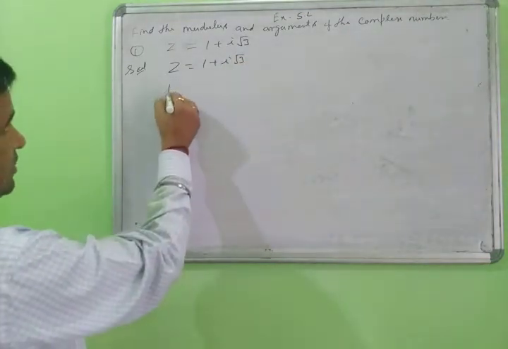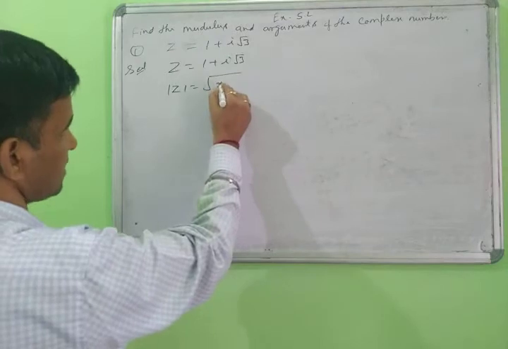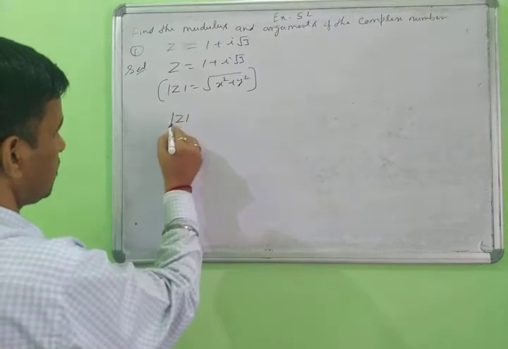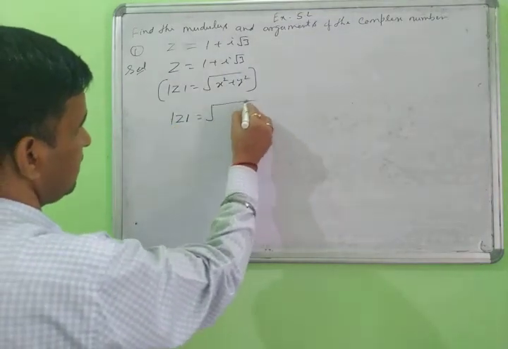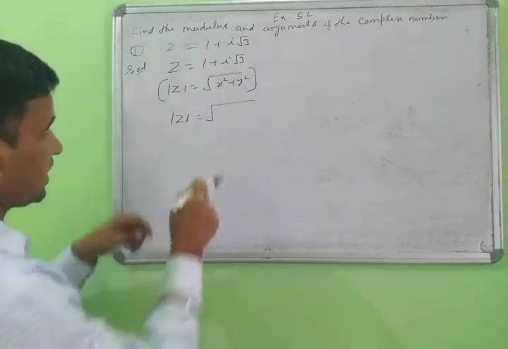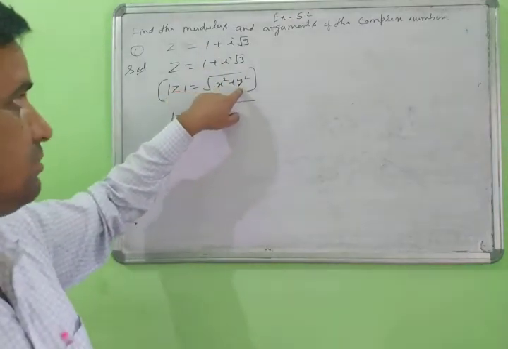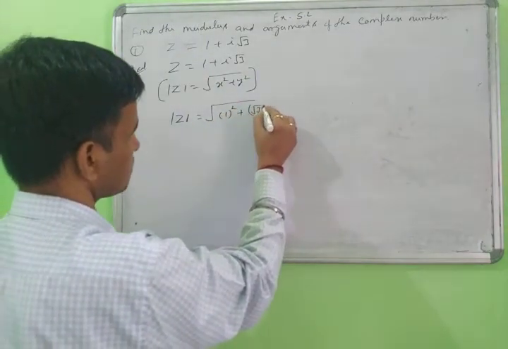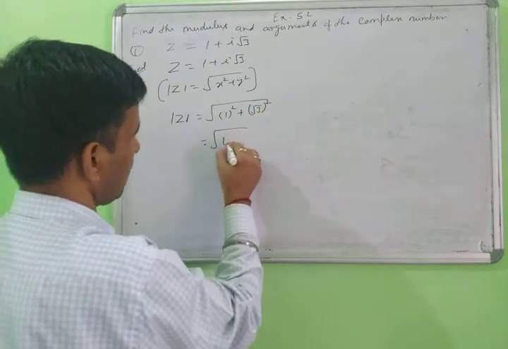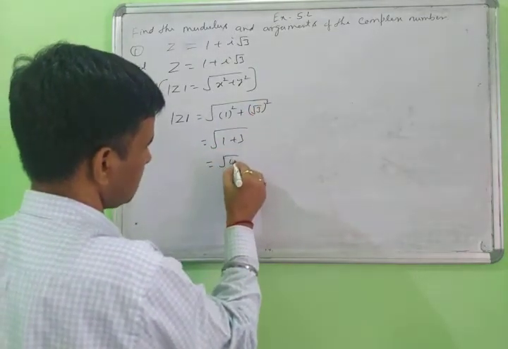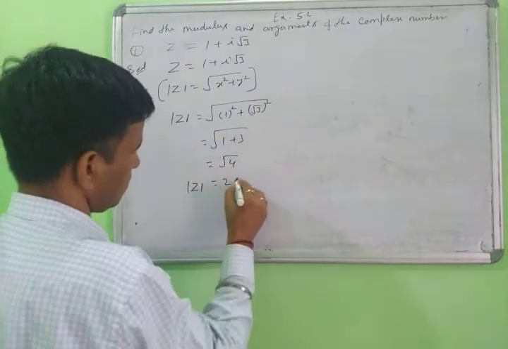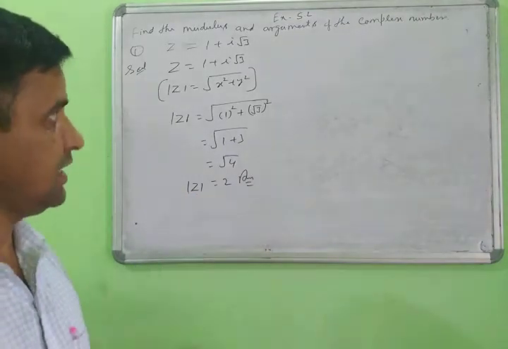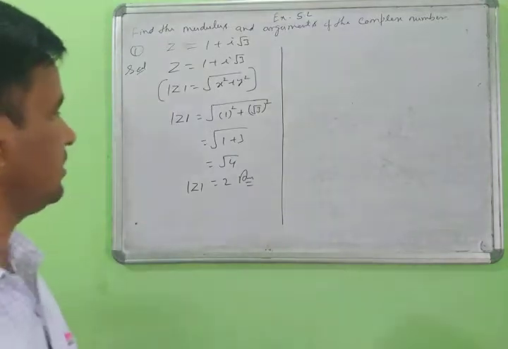You know the value of the modulus: mod z equal to root of x square plus y square, where x means the real part and y means the imaginary part. So real part 1 squared plus imaginary part root 3 squared, 1 plus 3 equals 4, and root 4 is 2. The value of mod z is 2. This is the first answer.